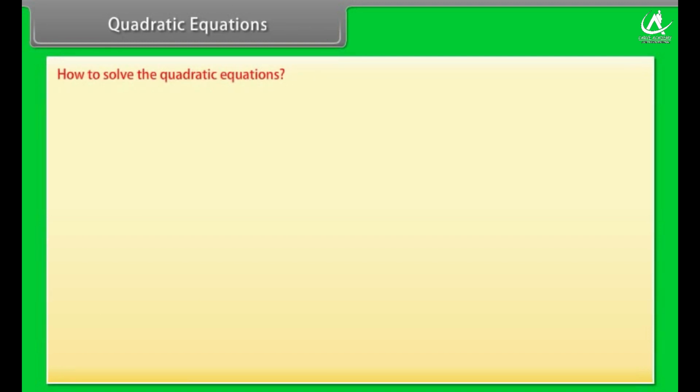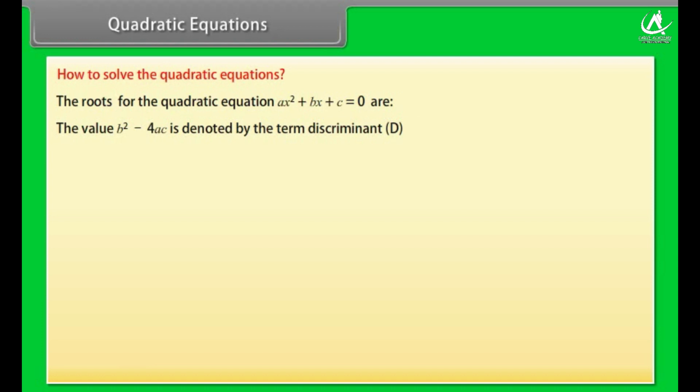Quadratic equations. How to solve the quadratic equations? The roots for the quadratic equation ax square plus bx plus c is equal to 0 are as follows. The value b square minus 4ac is denoted by the term discriminant d.